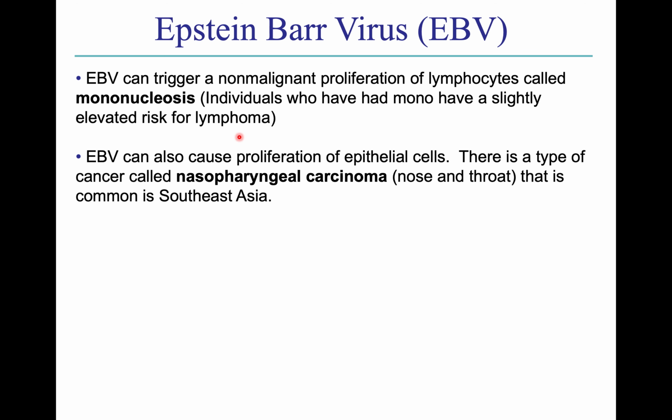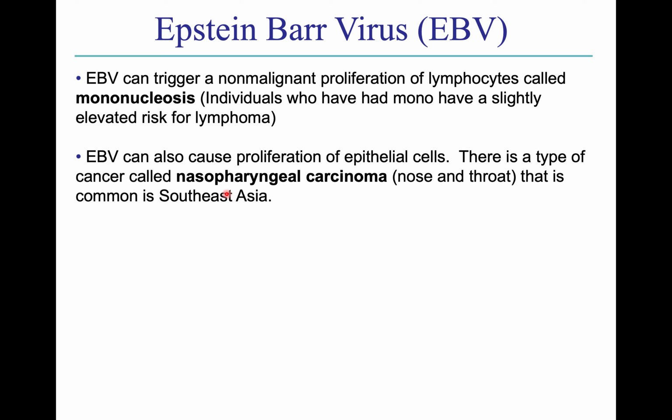And not to get too deep into mechanism here, but it has been shown that Epstein-Barr virus induces proliferation of its host cells, and we think that this very rapid proliferation of infected cells may be linked to some of the cancer-causing ability. And it's been shown that Epstein-Barr virus can cause proliferation of epithelial cells as well, not just lymphocytes.